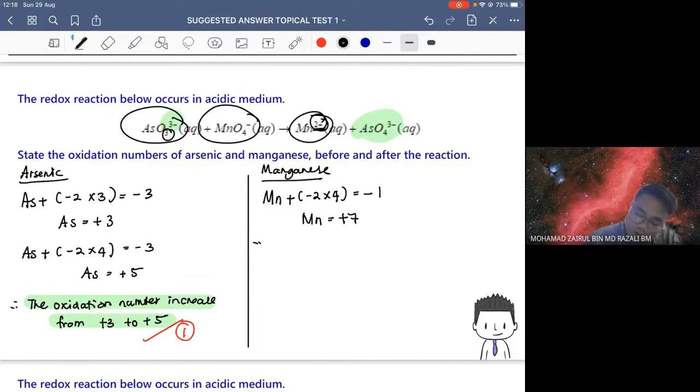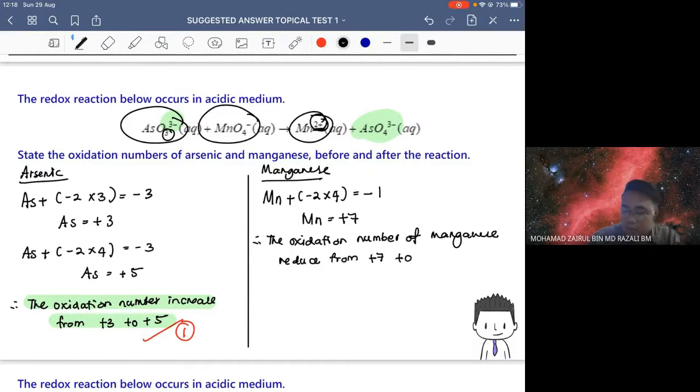So awak buat conclusion. So the oxidation number of manganese reduce ataupun decrease from +7 to +2. So awak buat yang ini, awak akan dapat lagi satu markah.